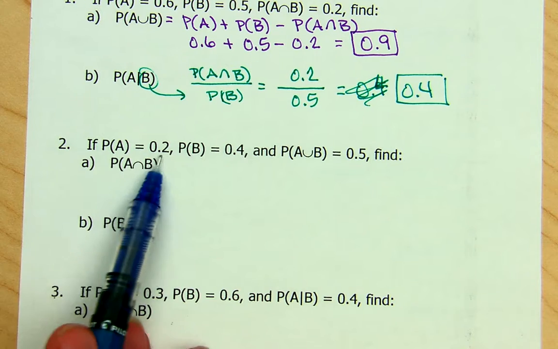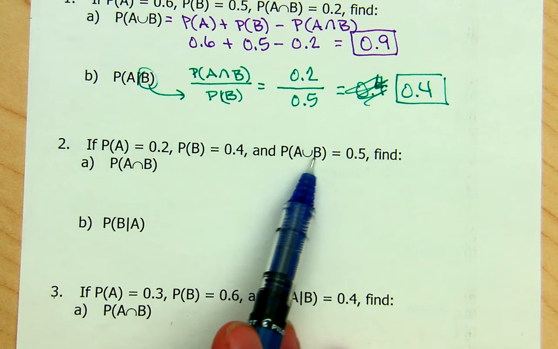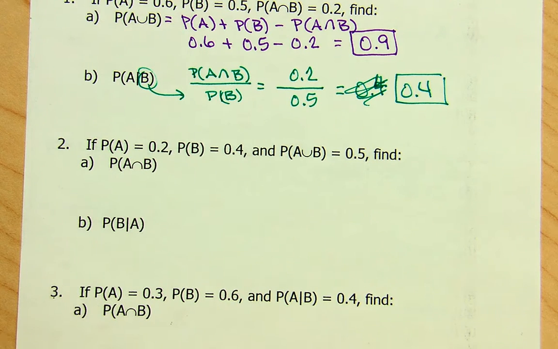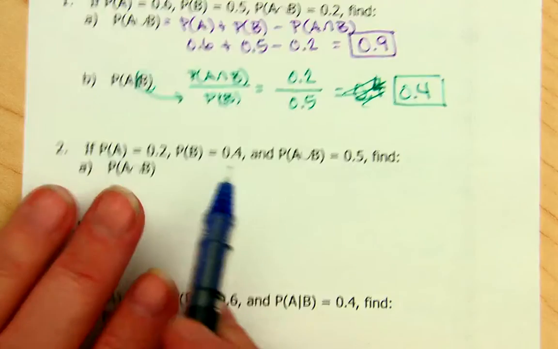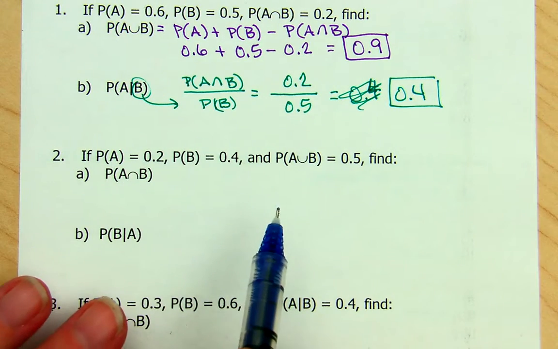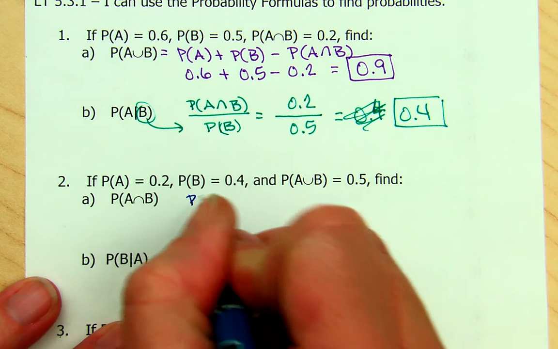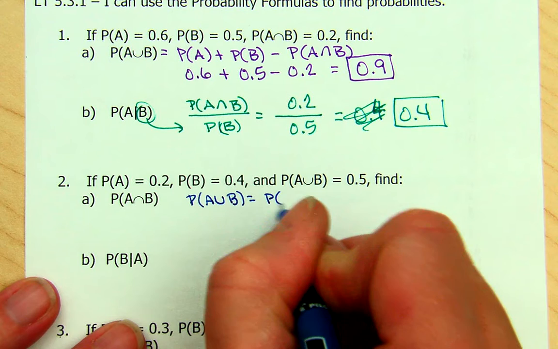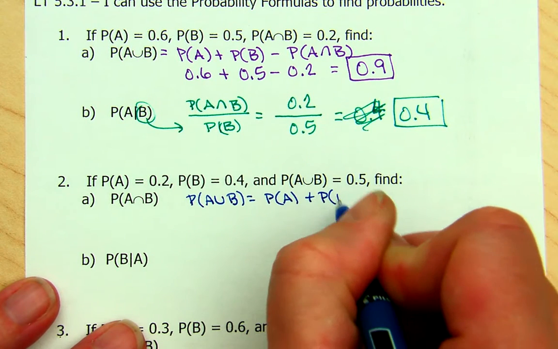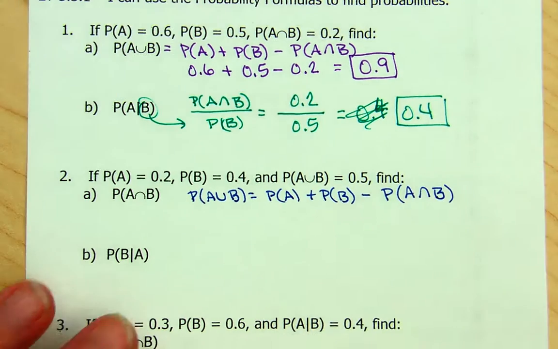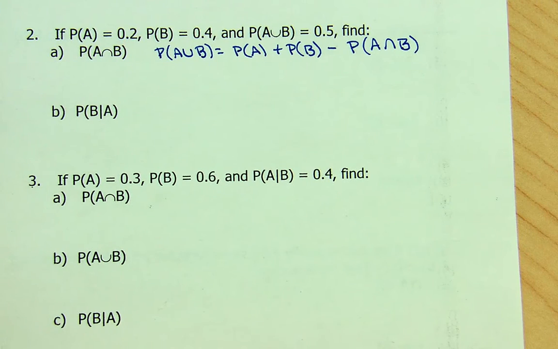For number 2, they give us the probability of A, the probability of B, and then the probability of A or B. They want us to find the probability of A and B. So this is one where we have to use one of the other two rules, either the general addition rule or the conditional rule. Well, I am not given anything about a conditional, so I need to use the general addition rule. So that's going to say the probability of A union B equals the probability of A plus the probability of B minus the probability of A and B. That's my general addition rule.